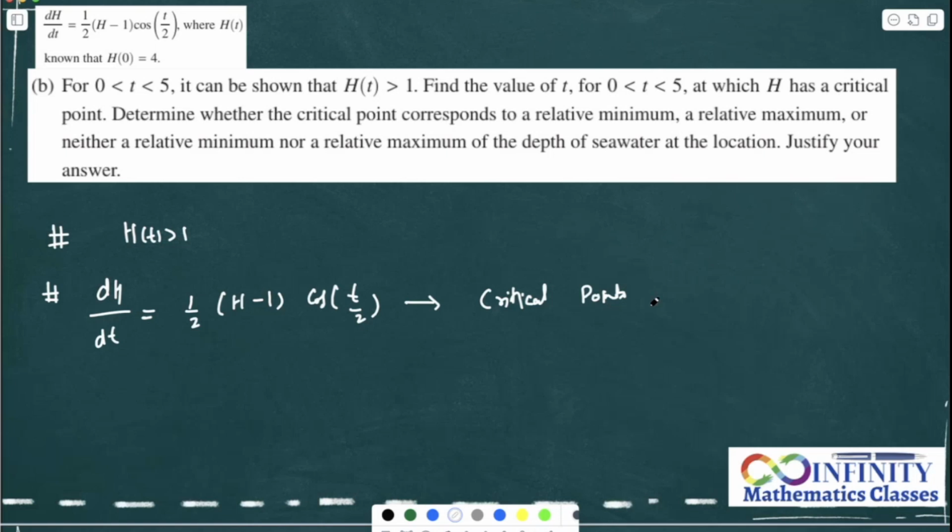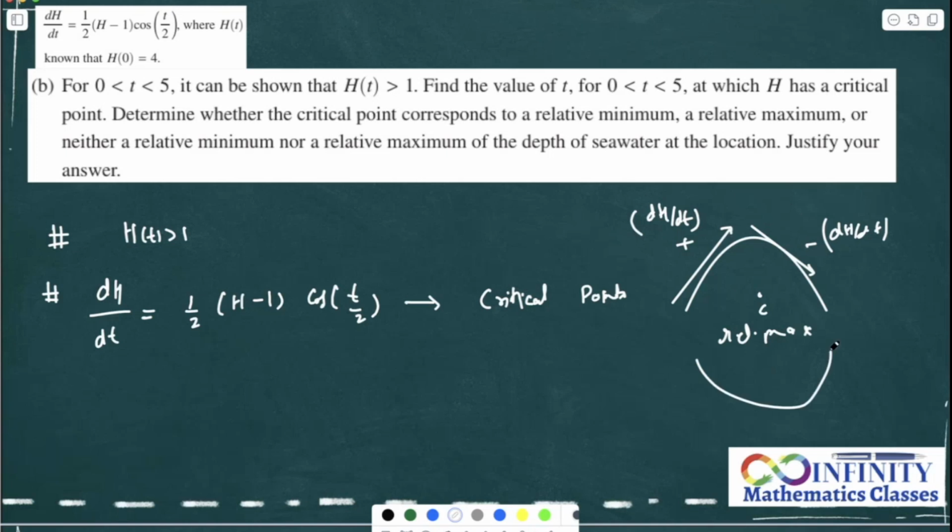And finding the critical points, suppose you are having a local minima or local maxima. Local maxima can be obtained if the sign of the derivative changes from positive to negative at a critical point c. I'm telling you again, if the sign of dh over dt is moving from positive to negative, then you will be having a relative maxima.